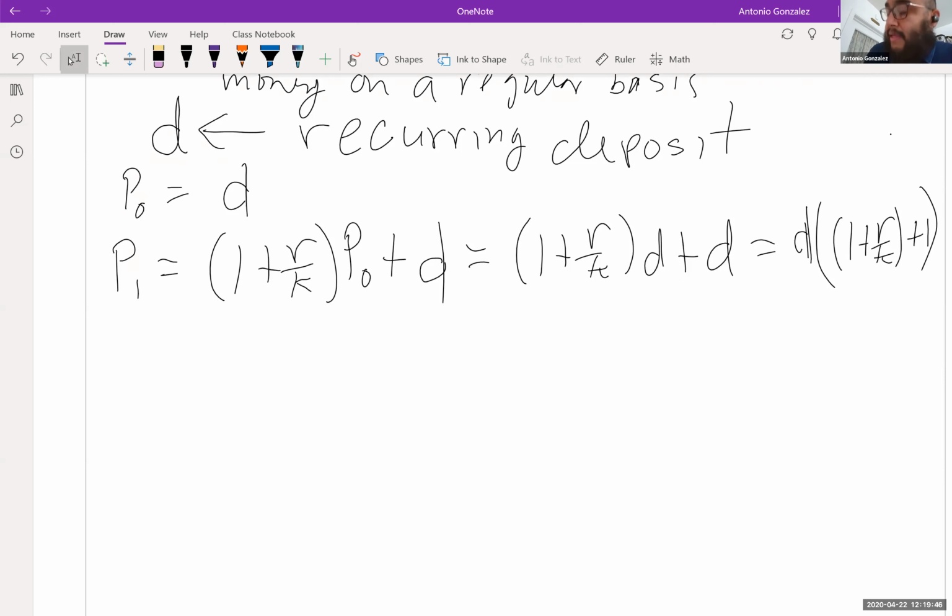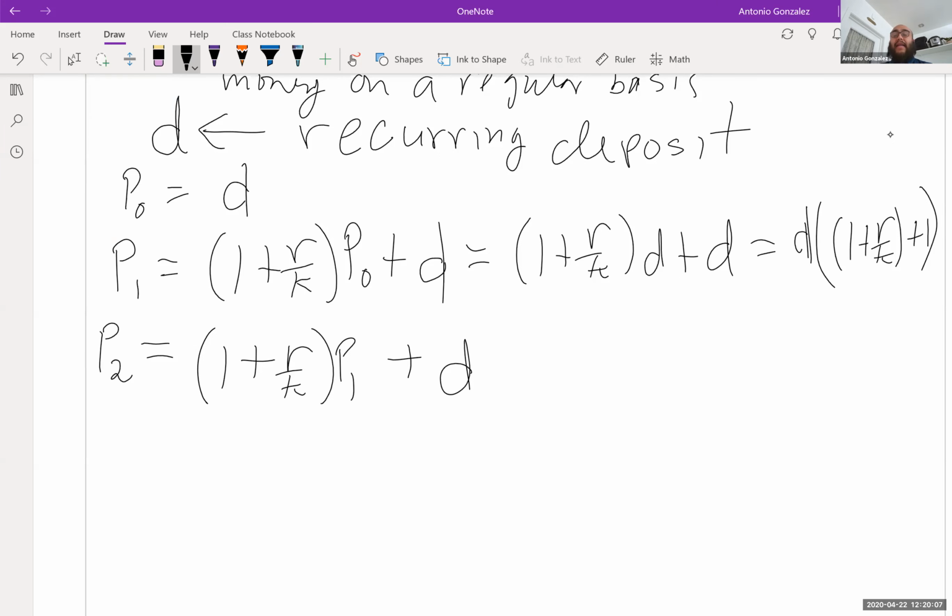Okay, so that's after one compounding period. How would this look after 2 compounding periods? We would take the previous amount, calculate the interest, and then add my deposit for the next compounding period, however much that deposit would have to be, or whatever you decide on.